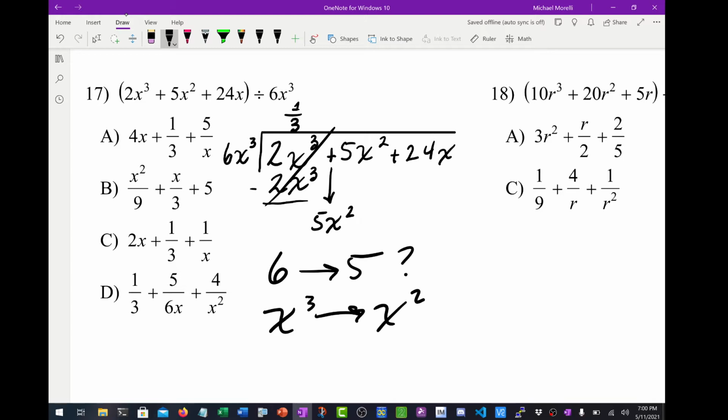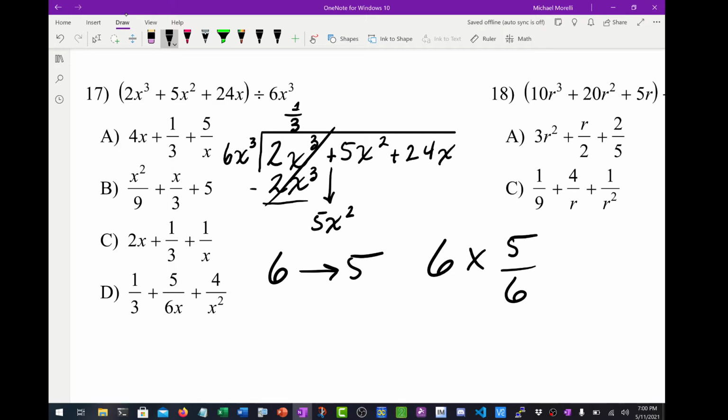So first let's deal with the turning of the 6 into the 5. Now this might seem like black magic, but what if I took the 6 and then I multiplied it by 5, and then I divided by 6? Okay. Here's what I mean. So I take 6, multiply by 5, and I get 30. Right? Then I take that 30, I divide by 6, and I get 5.